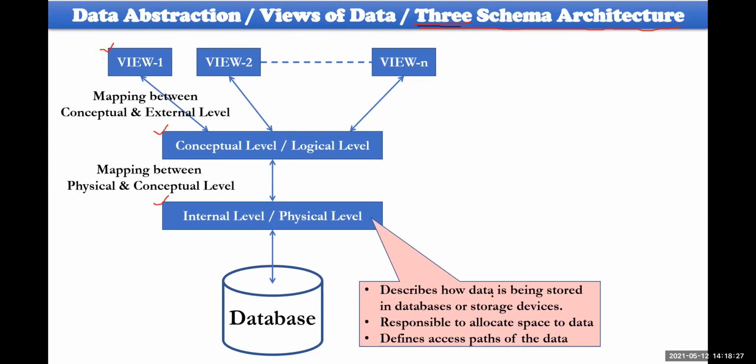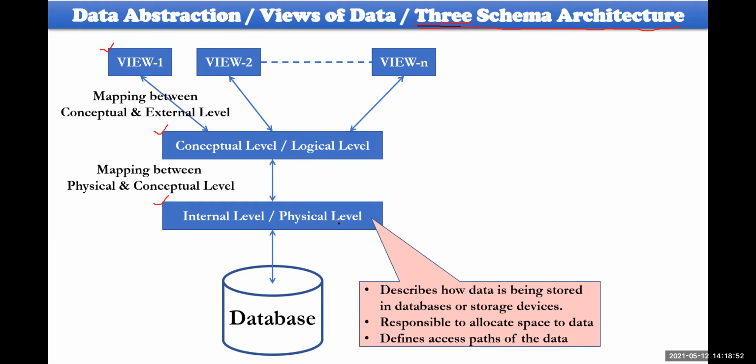Finally, the internal schema is supposed to be accessed by only one person. That person is the database administrator. The database administrator has the privilege to access this internal schema, or physical schema.